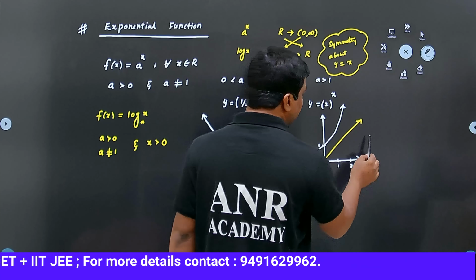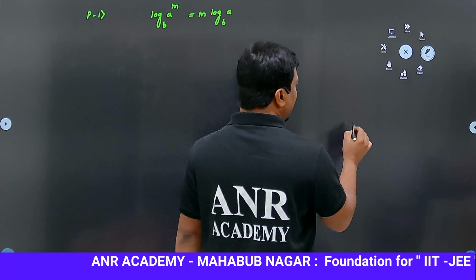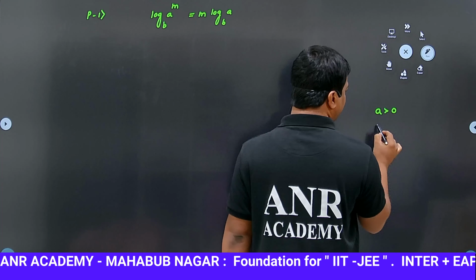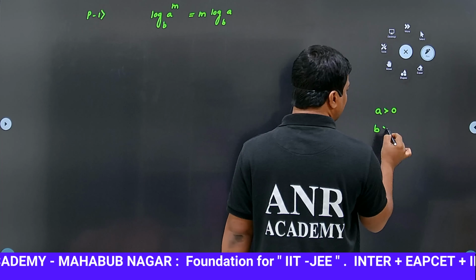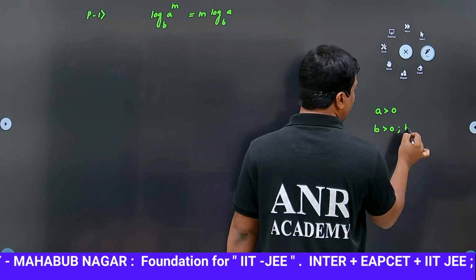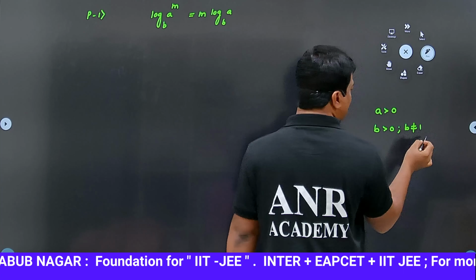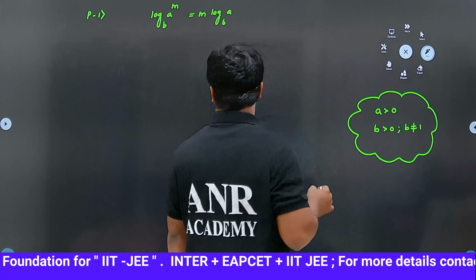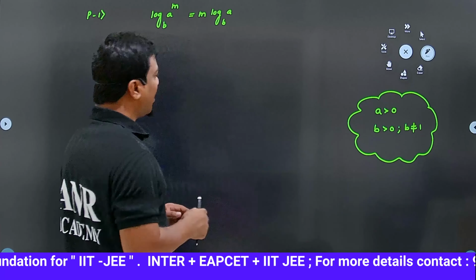Remember, input a is always more than 0 and base value more than 0 but not equal to 1. These are the conditions for existence of logarithm. Yes, let us see the proof of this.